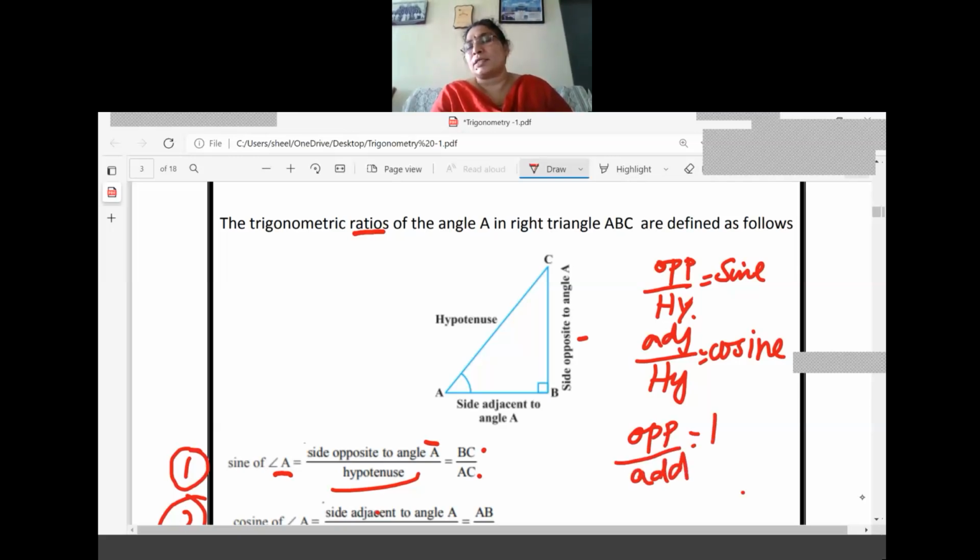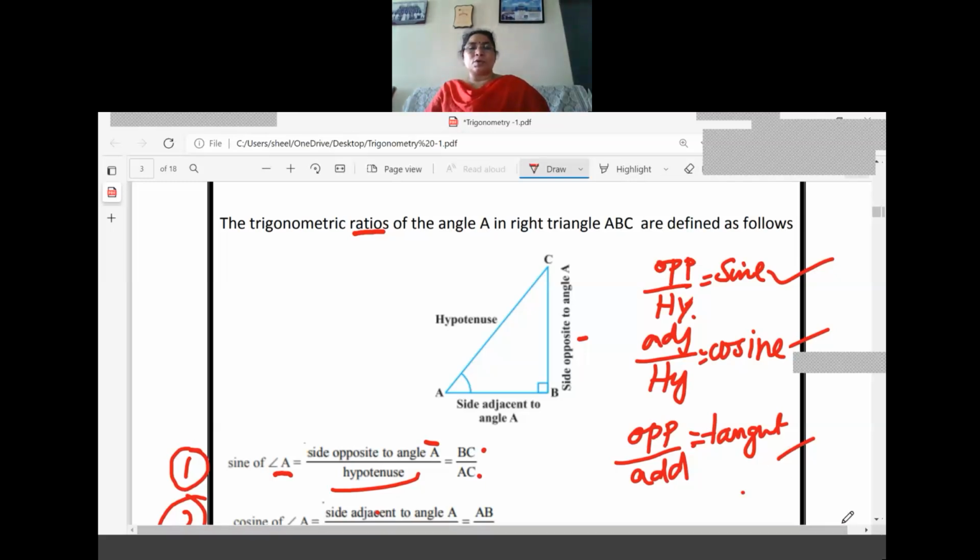It is tangent. Once we learned this, what is the next one? The reciprocals. What is the reciprocal of sine? Cosecant. Cosine, what is the reciprocal? It is secant. Tangent, what is the reciprocal? Cotangent. Right? Now we got this once we learned these three thoroughly.